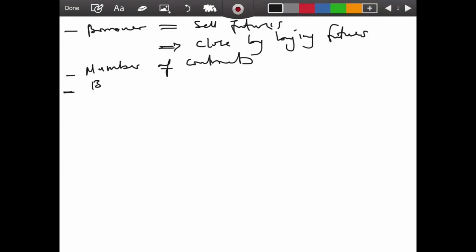First of all, you look at the basis. The next is the expired basis. The next is your lock-in rates.